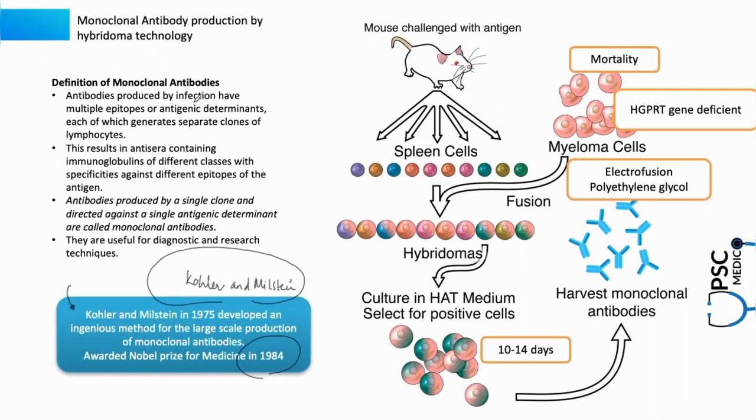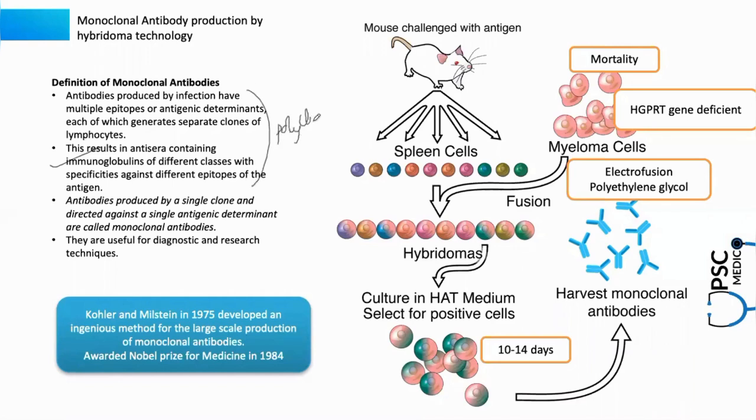The antibodies which are produced by infection in the body have multiple epitopes or antigenic determinants, okay? And they stimulate separate clones of lymphocytes based on the epitopes. And when it happens, the anti-sera from the body has immunoglobulins of different classes which act against different epitopes of the antigen. It's all a polyclonal response.